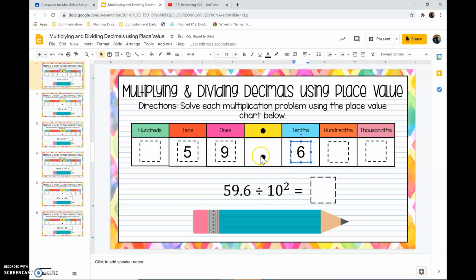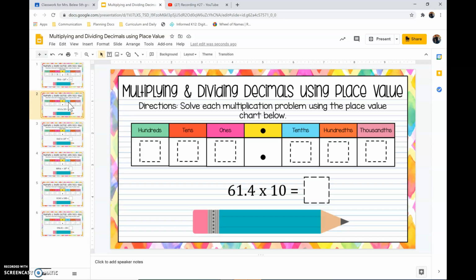So the decimal is here and it is moving 2 places. If it moves 1 place, 2 places, the new decimal is right here. So then I would type it in as 0.596. Remember, when I'm multiplying and dividing decimals by tens or powers of tens, these digits don't change. The only thing that moves is the decimal.